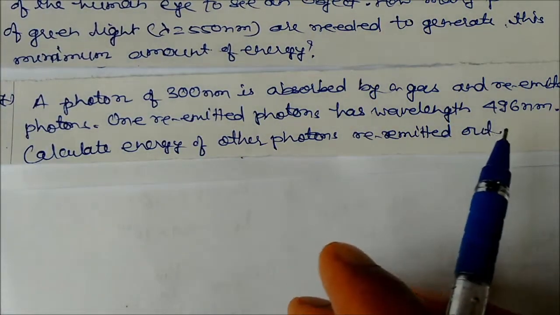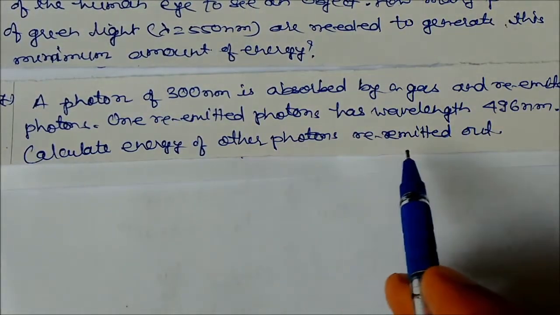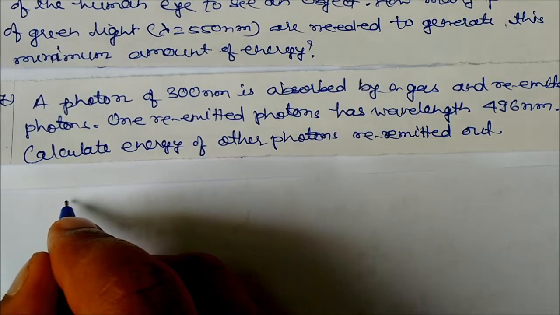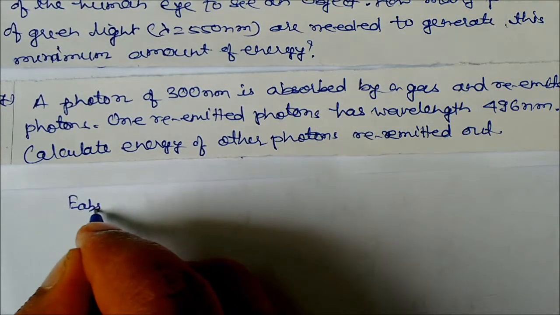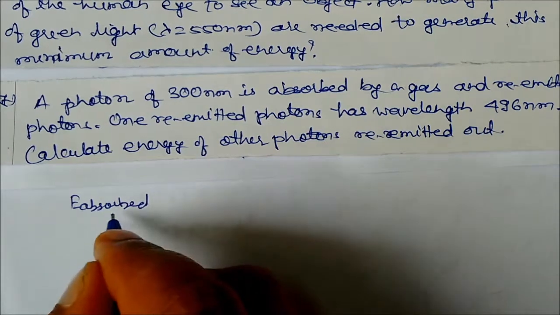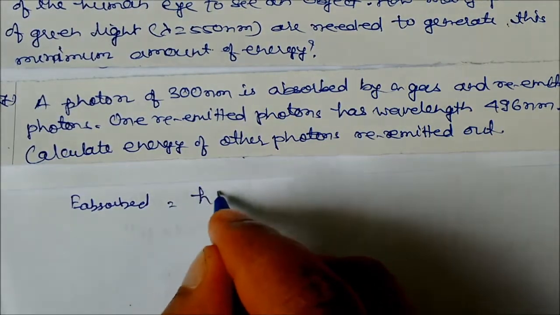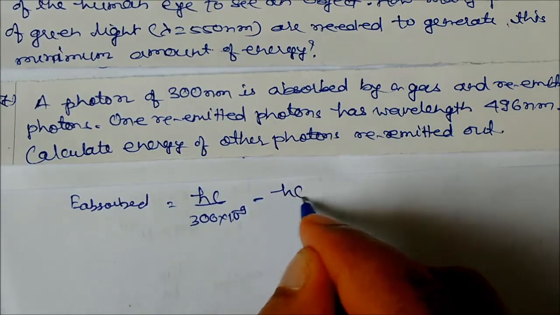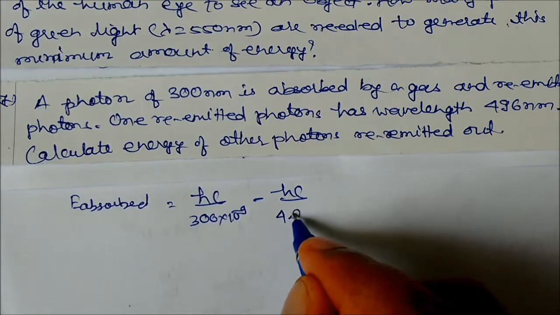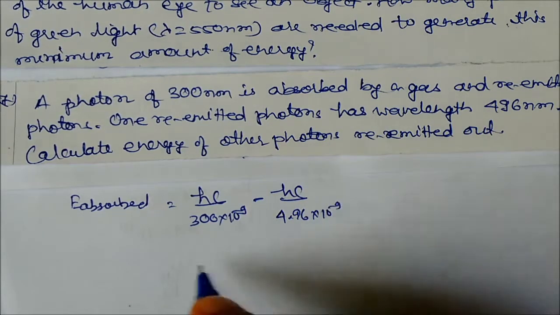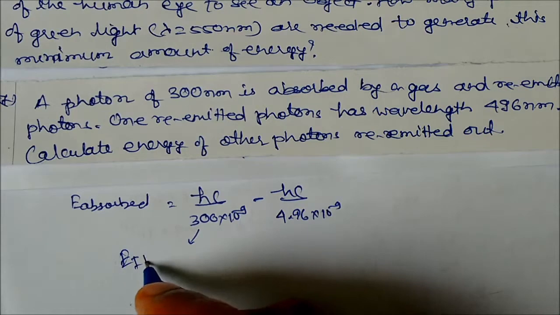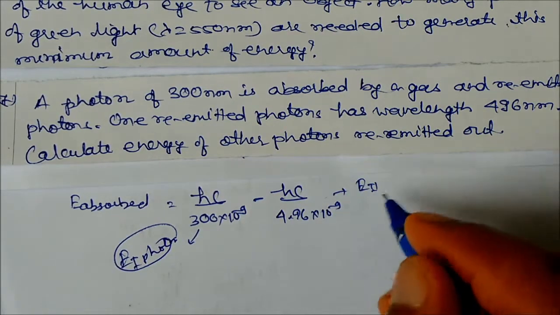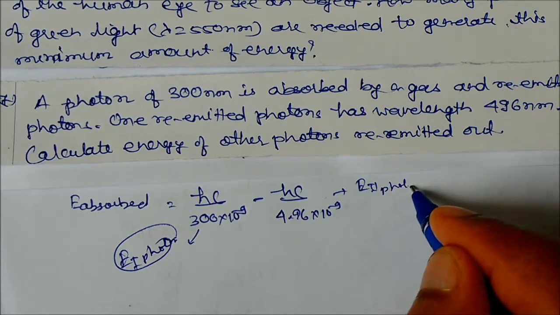So calculate the energy of the other photon re-emitted. Again, the same way, we can write the energy absorbed as hc by the wavelength, 300 into 10 power minus 9, and the next is hc by 496 into 10 power minus 9. This is the energy of the first photon, and this is the energy of the second photon emitted.